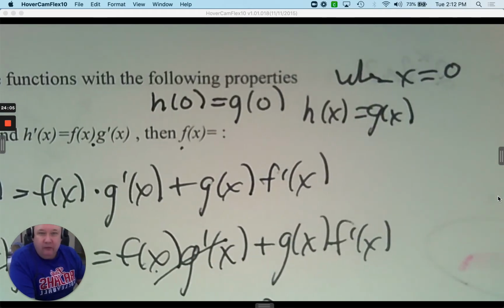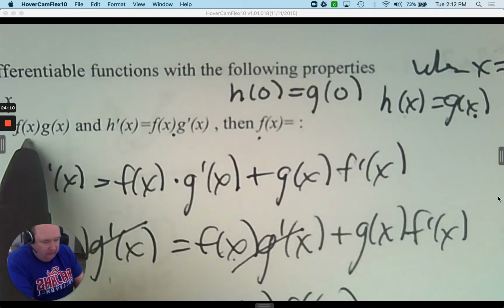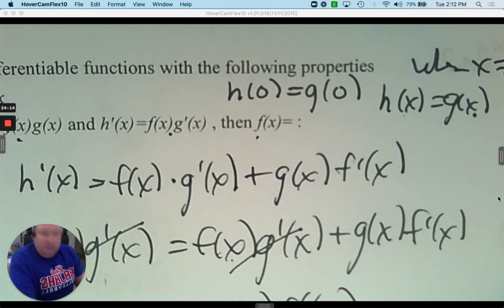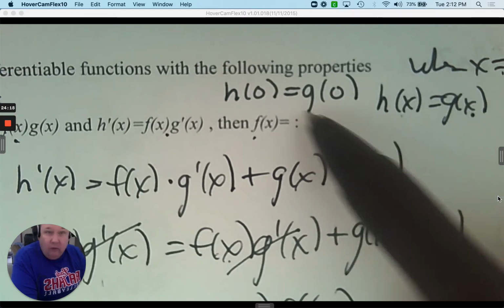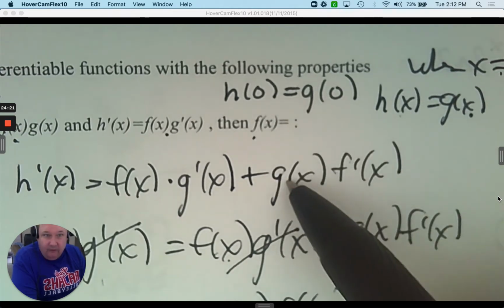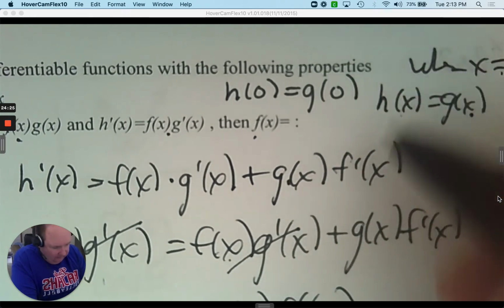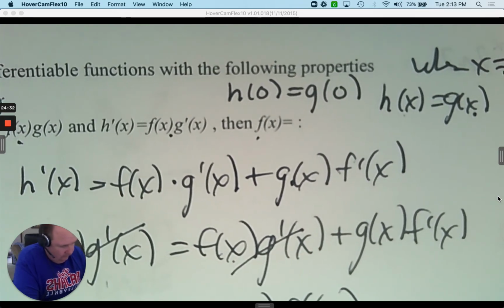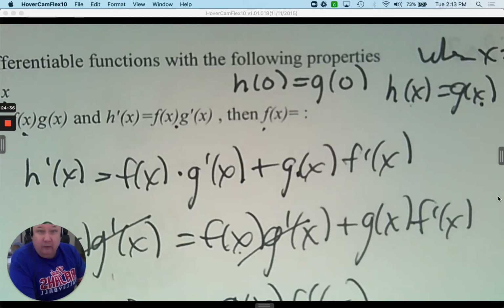So when x equals 0, h at x equals g at x, because when x equals 0, f at x is 1. All right. And my goal is to find f at x. So if I take out g at x and make it h at x, or one of these things, I can do this.